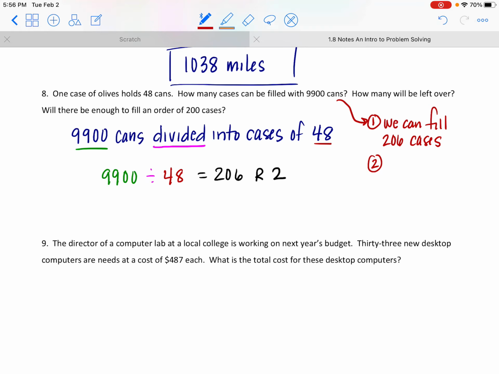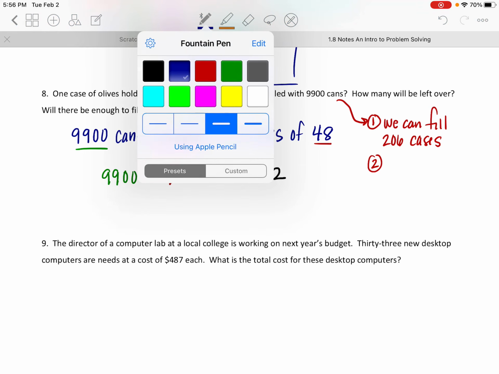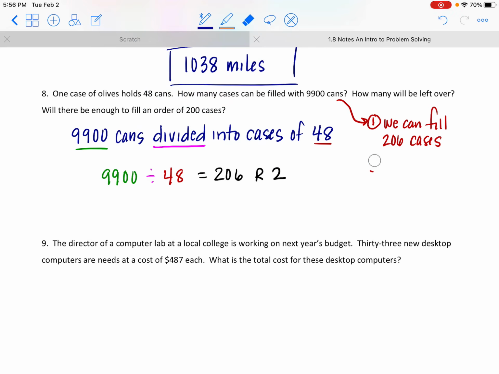How many will be left over? Let's say question 2. There will be 2 cans left over.